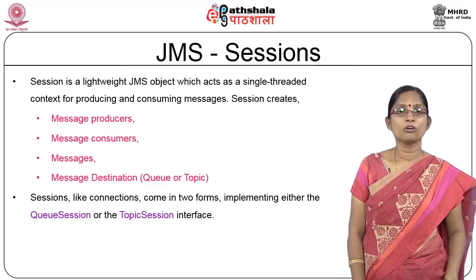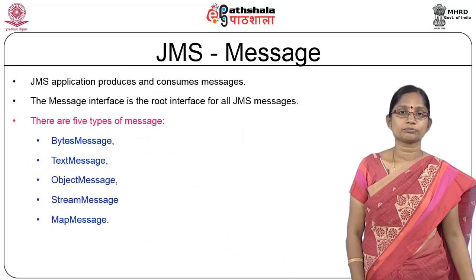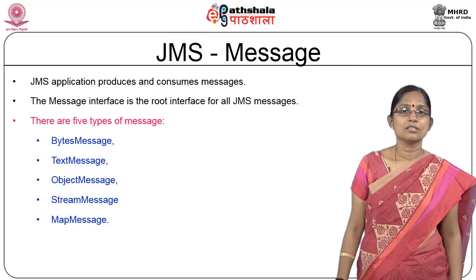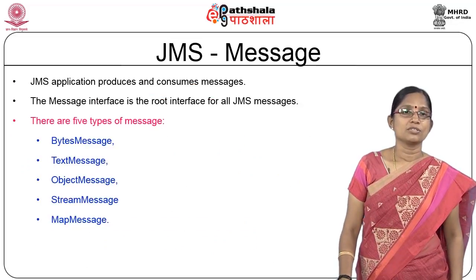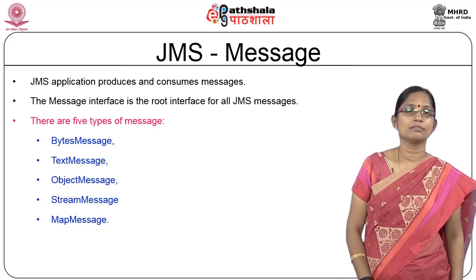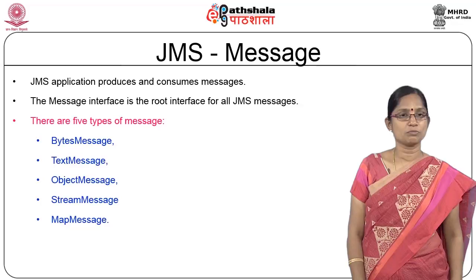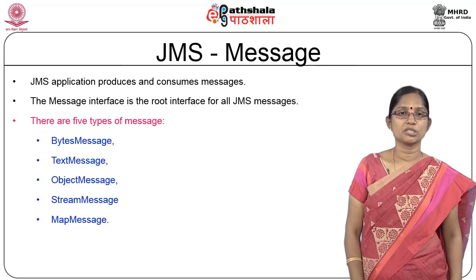Instead of seeing producers and consumers, now let us look at how the messages would be. Now, these are the components of messages. A JMS application produces and consumes messages. In the message interface, there are 5 different types of message followed in JMS: bytes message, text message, object message, stream message, and map message.